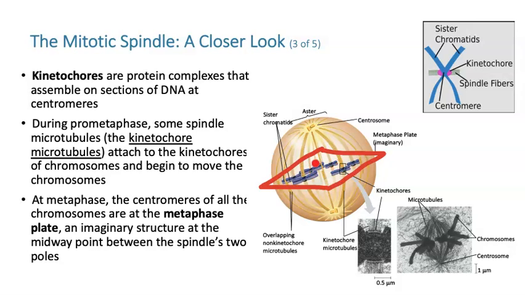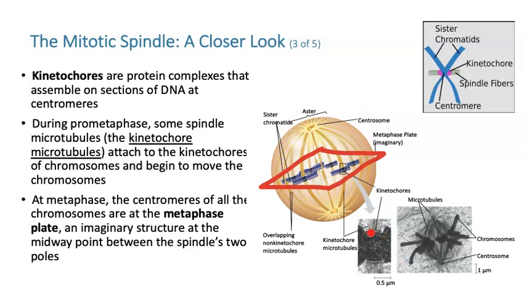And this is in 3 dimensions, like these ones would be farther away from you in space, and these ones would be closer to you in space. So it's on a plate, not just a single line like an equator. An imaginary structure, this is midway between each of the asters, right? About halfway through that cell.